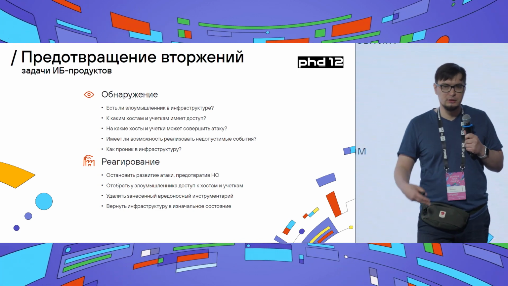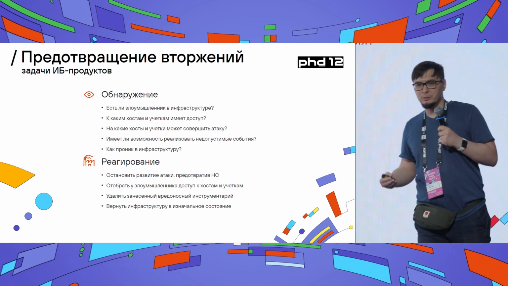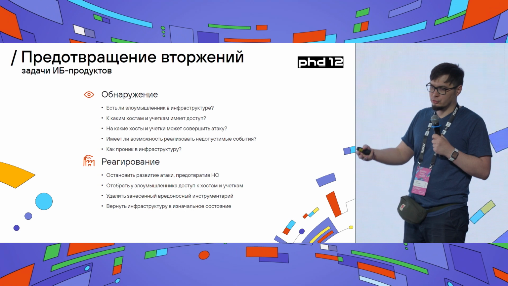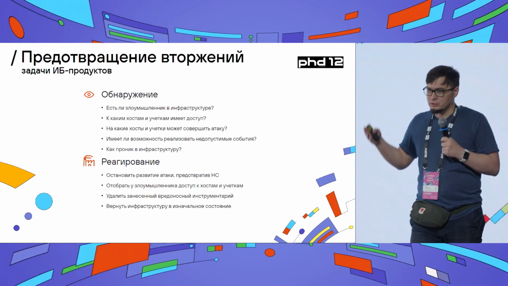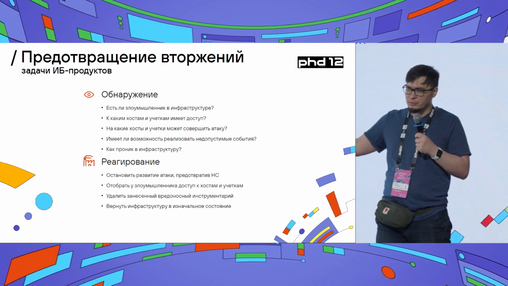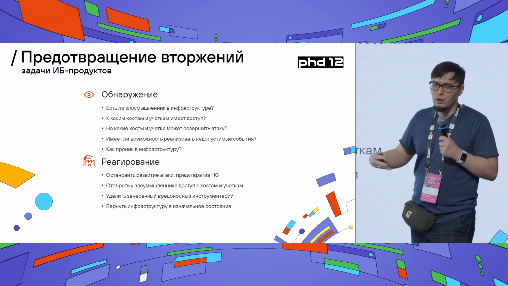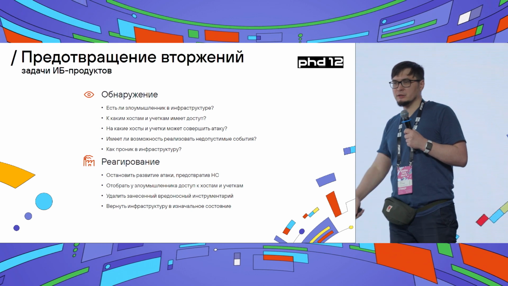What are the goals of such products? First is detection. The main thing that we need to do is to answer our cybersecurity guys if there is an adversary in our infrastructure. That is the main objective. And if we were to look into it in more detail, it would be what hosts, what accounts the adversary has access to.